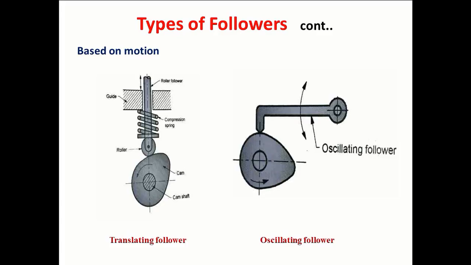Based on the type of motion, we have translating or reciprocating follower. As the cam rotates, the follower reciprocates inside the guides, whereas here as the cam rotates the follower is oscillating, so we call it oscillating follower.